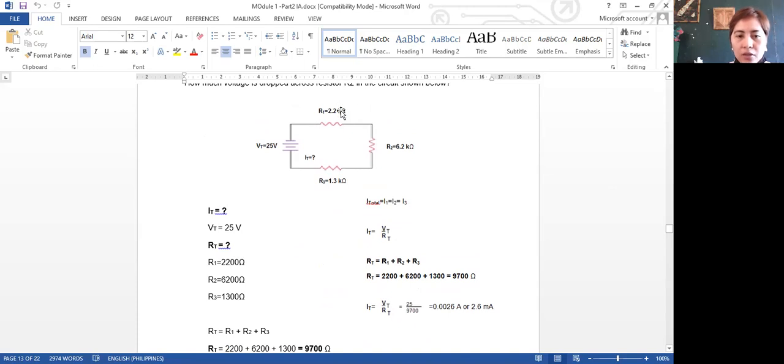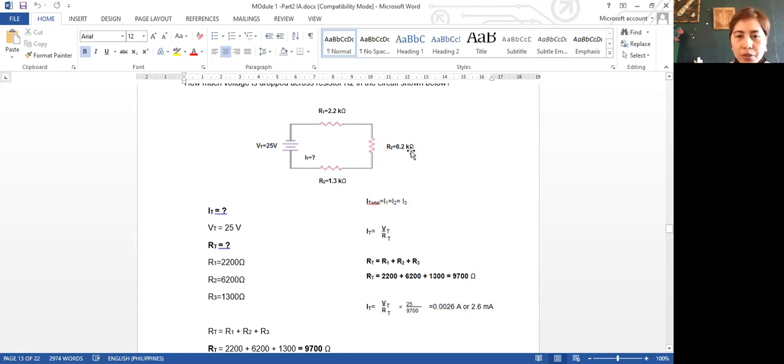Since kilo is 1,000, equivalent to 1,000 ohms, instead of using 2.2, we will have it in ohms, not in kilo ohms. So it will become 2,200.